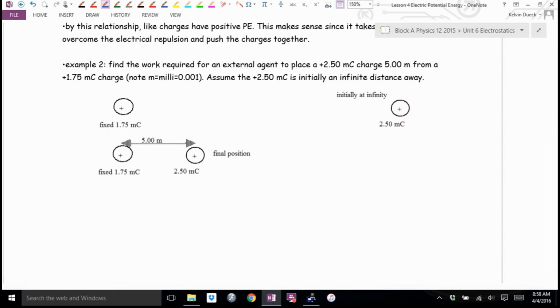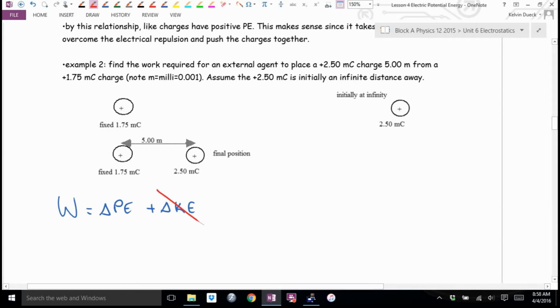Jake, what does example 2 want me to find? Work equals change in potential plus change in kinetic. Look at the picture, Jake. Does it suggest that at the beginning or at the end we have a velocity or a speed? So you know what? If it did, I'd have a half mv squared kicking around somewhere too.